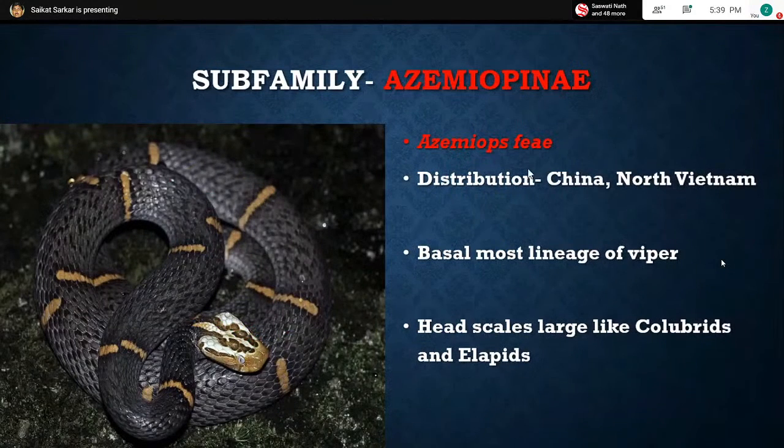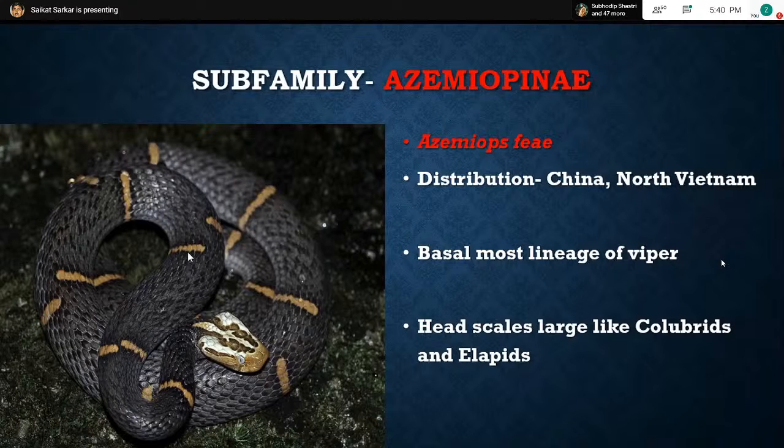This is Azemiops feae. There is another species there also, Azemiops kharini. So these are the basalmost lineage of vipers, as I already said, with large head scales like colubrids and elapids. They look like colubrids or elapids.